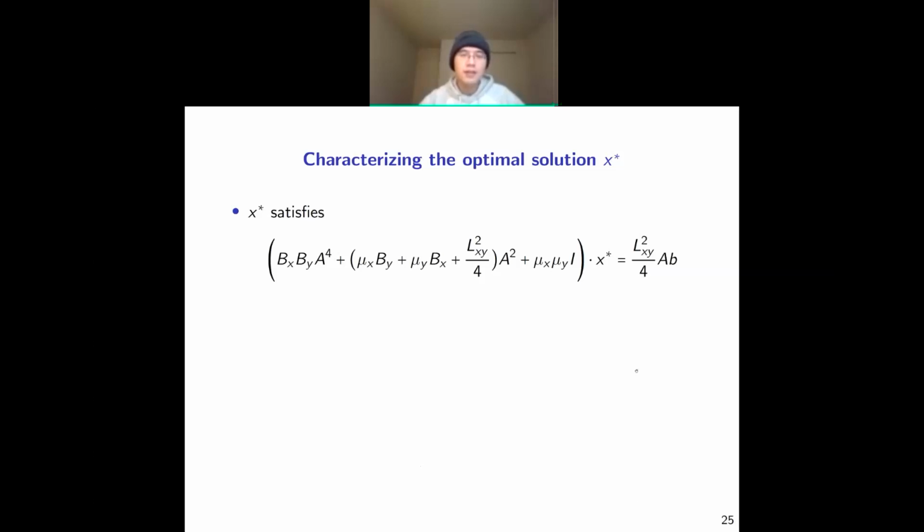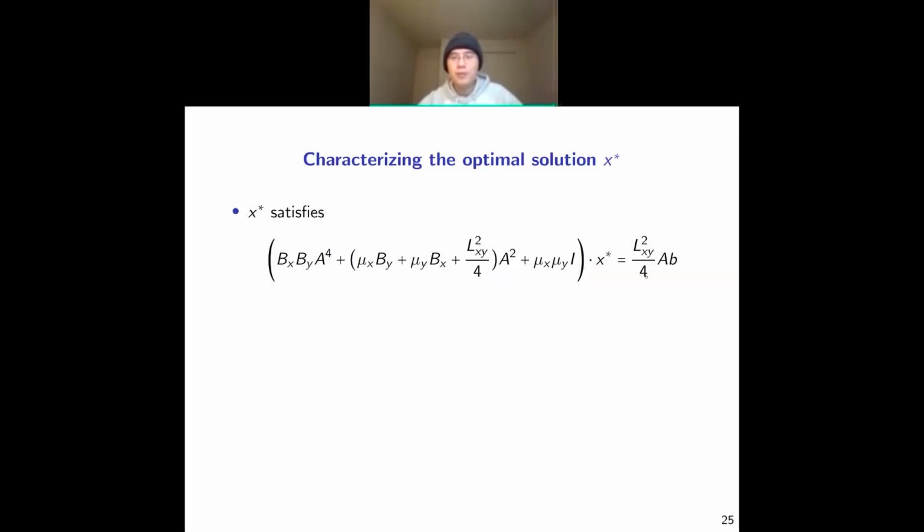That is, we also need to design the b so that x star will have the property that we want. So first, because this is a quadratic function, we can explicitly write the equation that this x star must satisfy.